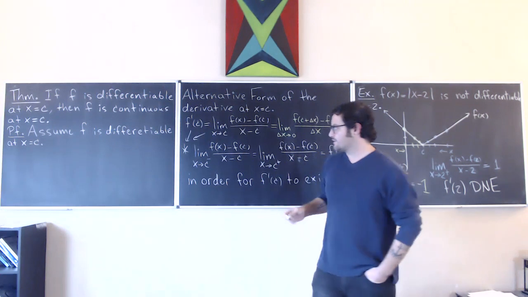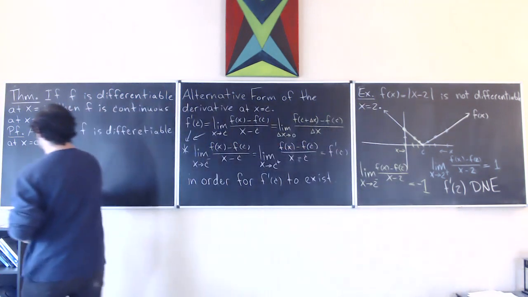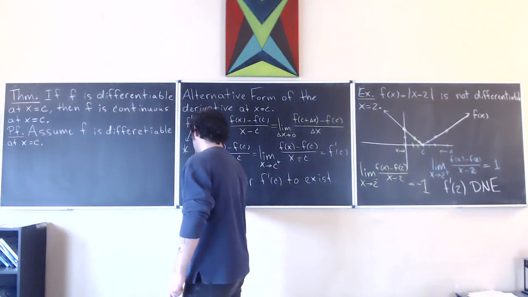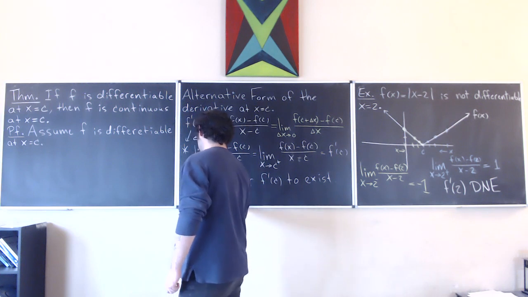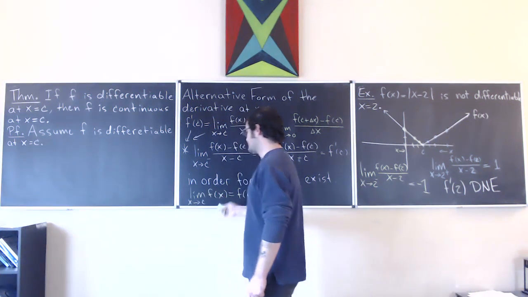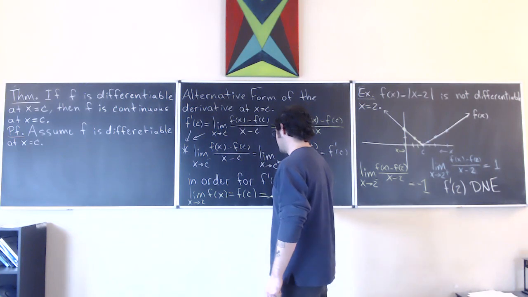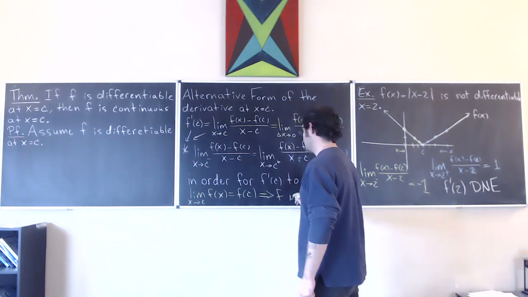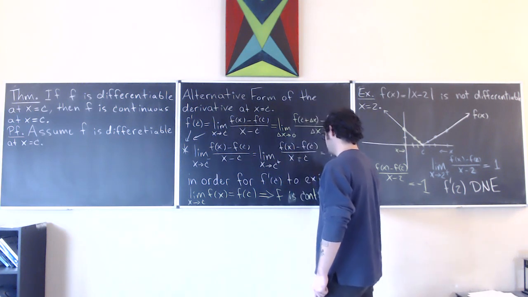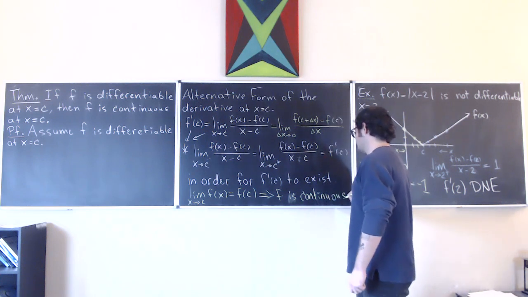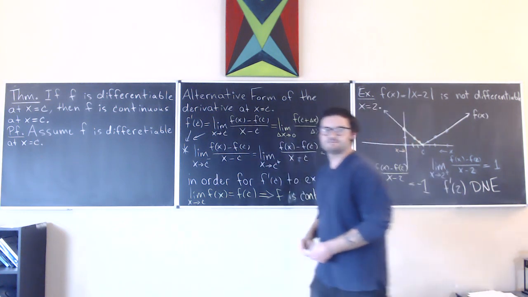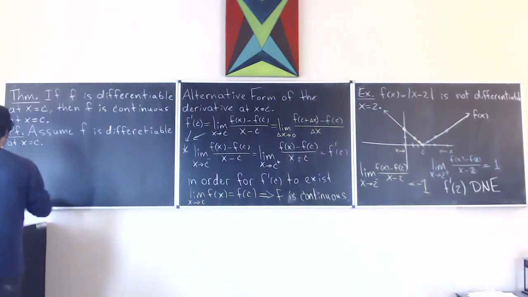And in the back of our minds, we should remember that a function is continuous at a point c if the limit as x approaches c of f of x is equal to f of c. So if this happens, that means f is continuous. So that's what we're going to work with. We're going to want to show that the limit of the function converges to f of c. And if we show that, then we've proven the theorem.